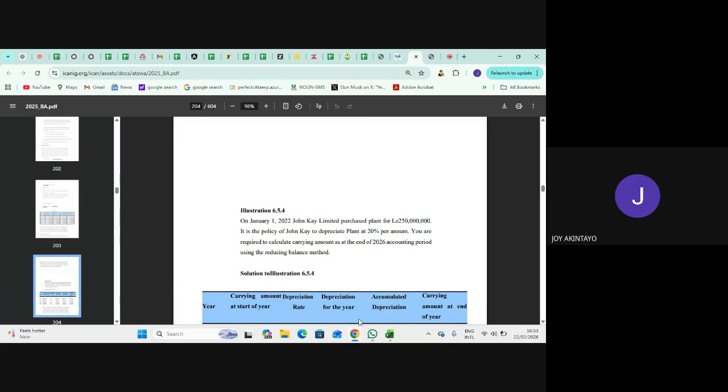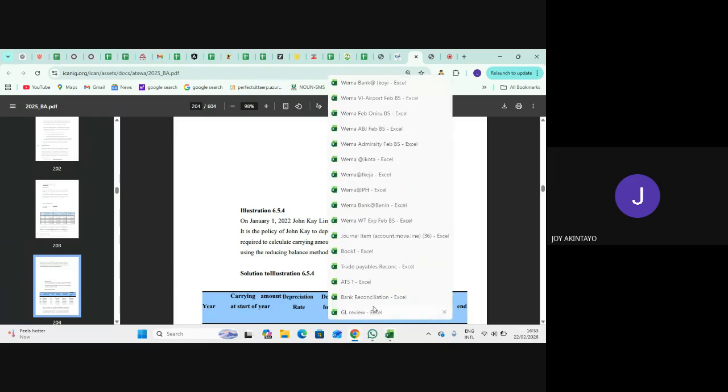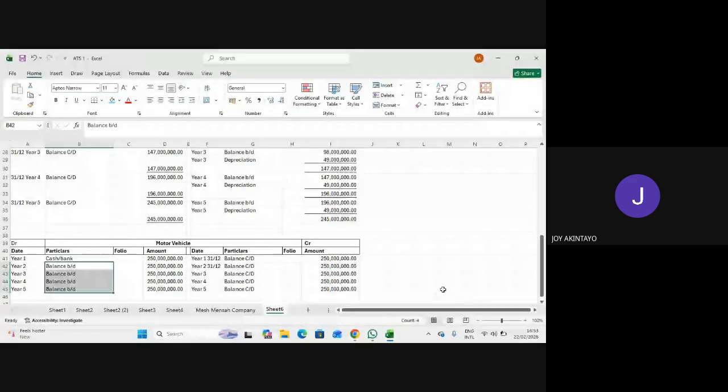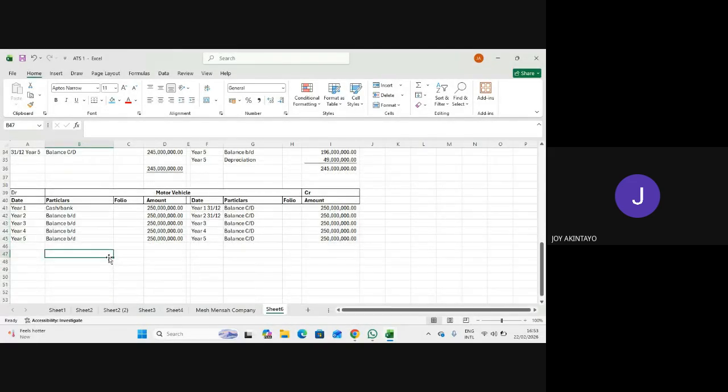Those are the headings we need. So we come here, reducing balance method.